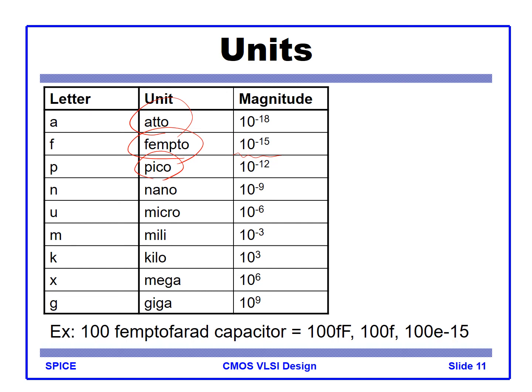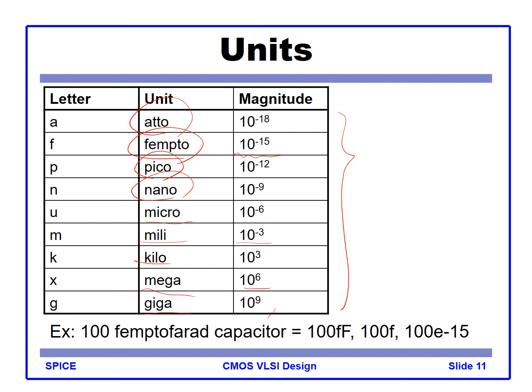Nano is quite popular nowadays, and the micro and milli. So milli is 10 to the minus 3, and kilo 10 to the power of 3, mega 10 to the power of 6, and giga, right? So all these units are widely used nowadays. So you have to be comfortable with these units.